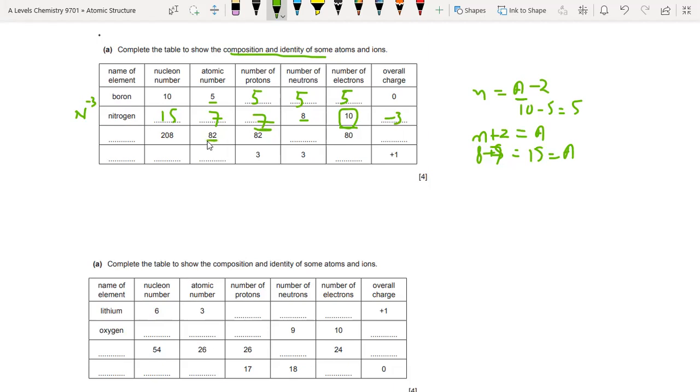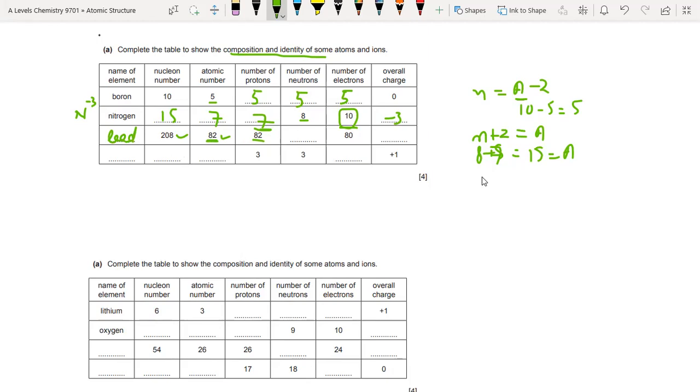which element in the periodic table has 82 atomic number? It is lead. L-E-A-D, lead. This is the nucleon number. This is the atomic number, or the same, the proton number. What will be the number of neutrons?